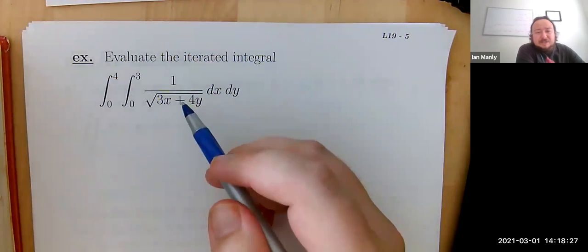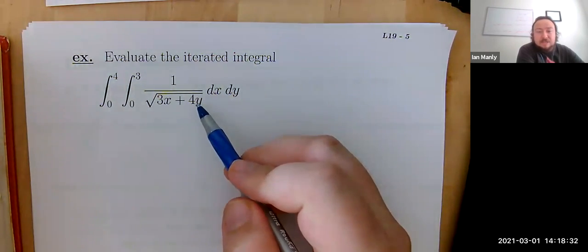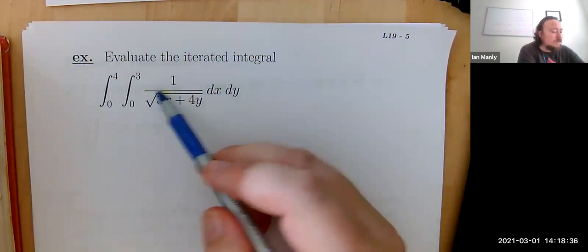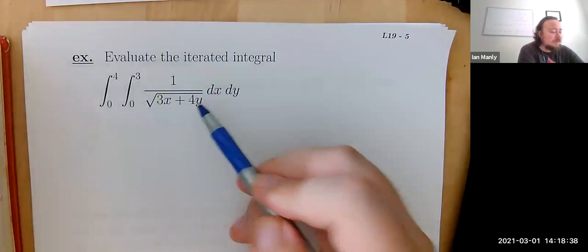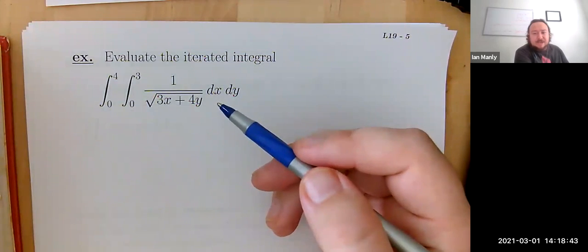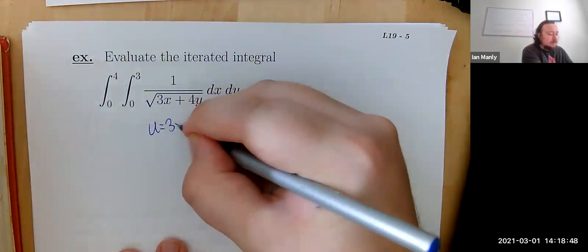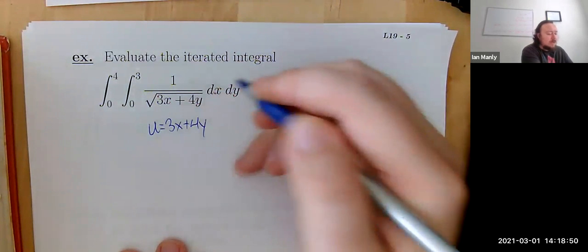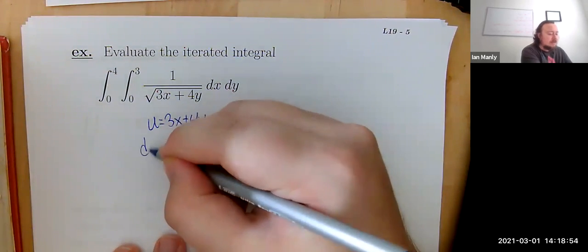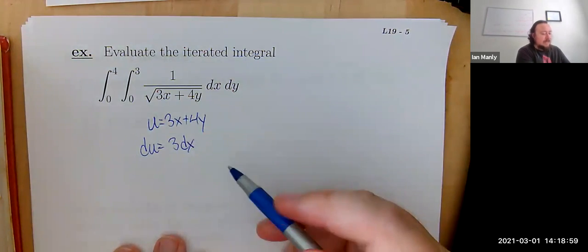All right, so we want to do the x integral first, but when we're doing the x integral, anything with a y is constant. You can effectively imagine this as 1 over the square root of 3x plus some constant. If we were back in Calc 1, we would do a u sub. So I'm going to let u be 3x plus 4y, and then take the x derivative, so du will be 3 dx.